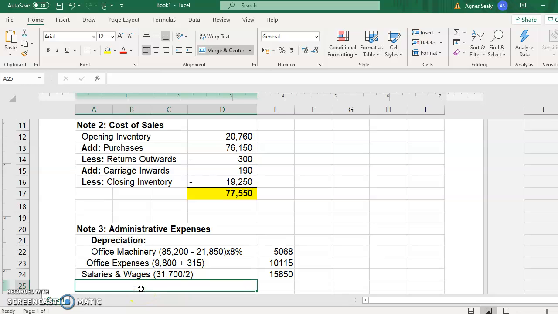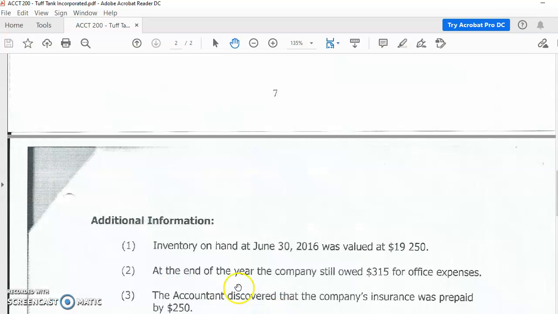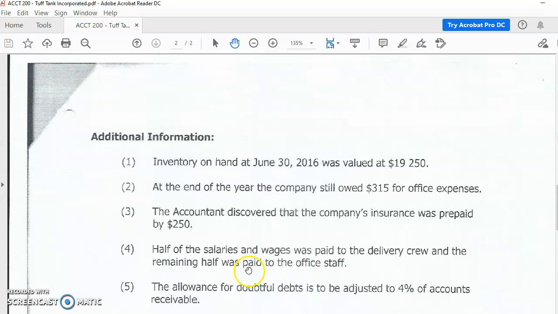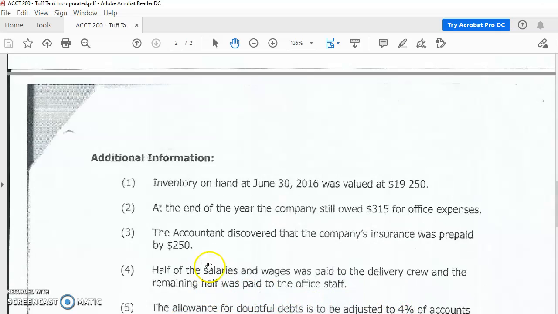Let's look at our allowance for doubtful debts. Let's calculate that. The allowance is to be adjusted to 4% of the accounts receivable.